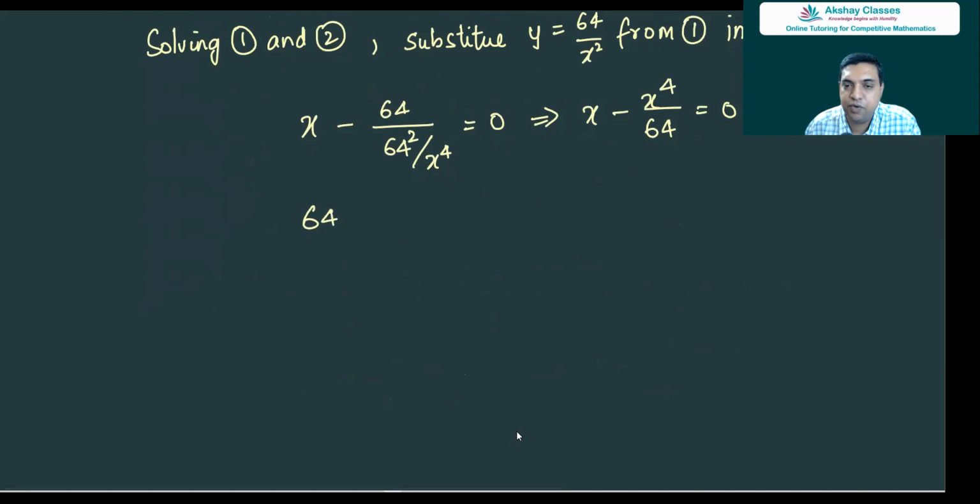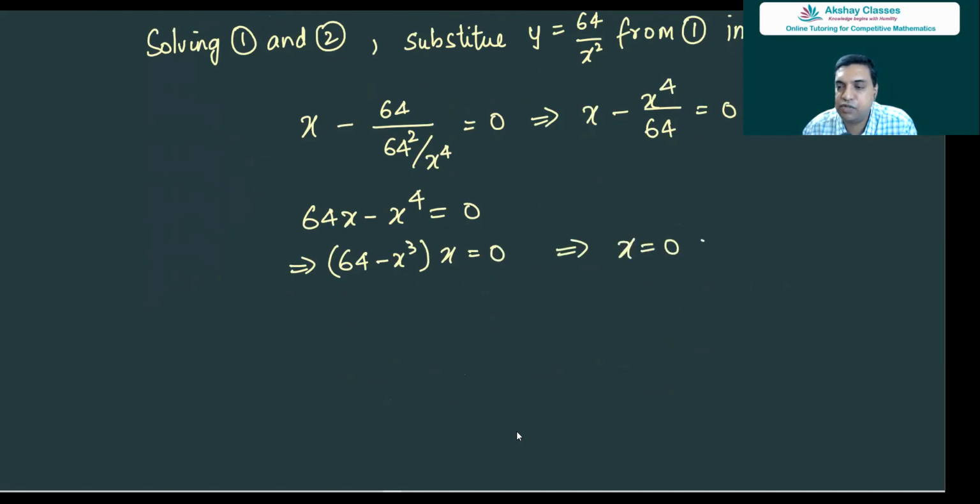So 64x minus x power 4 equal to 0. So x times 64 minus x cube equal to 0, which means either x equal to 0 or x equal to 4. 4 cube is 64.